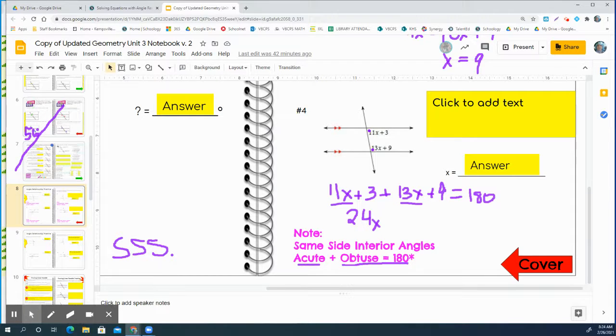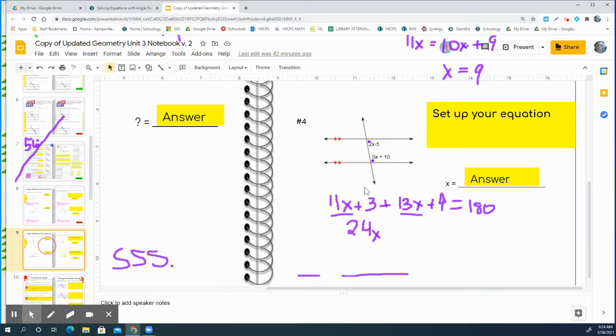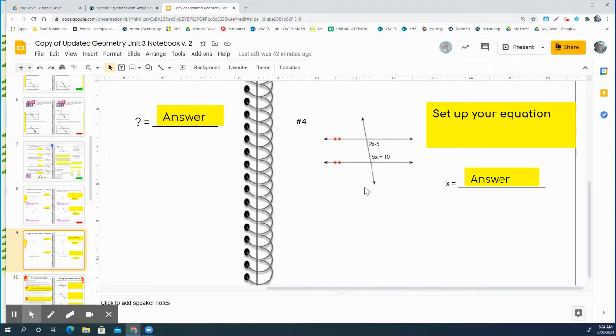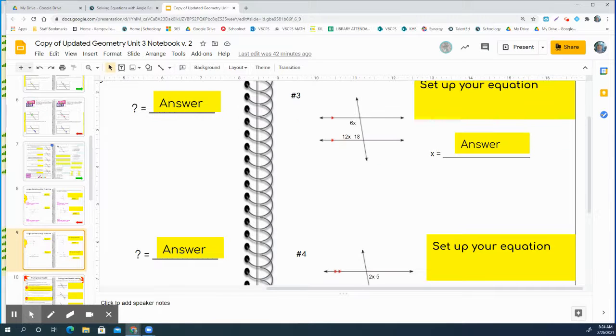Okay. Let me see if I can get my slides to work. So we've got to collect the like terms. So 6x and 12x make 18x. And then you see a minus 18, so you've got to add 18 to both sides.